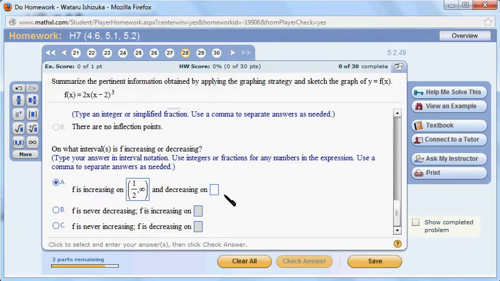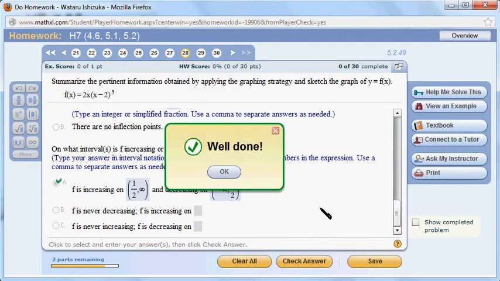Put the parenthesis, right, negative infinity to 1/2. Alright, so let's check that.